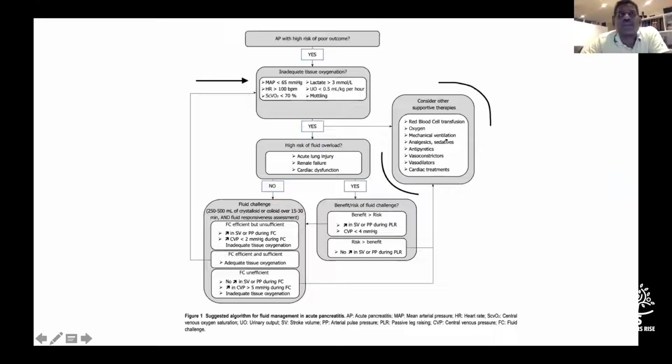Of all this group, oxygen is probably the most commonly used. Apart from analgesics and sedatives, we rarely have to use vasoconstrictors or vasodilators, and mechanical ventilation has been very rare in our group. That is how you put all of them together.